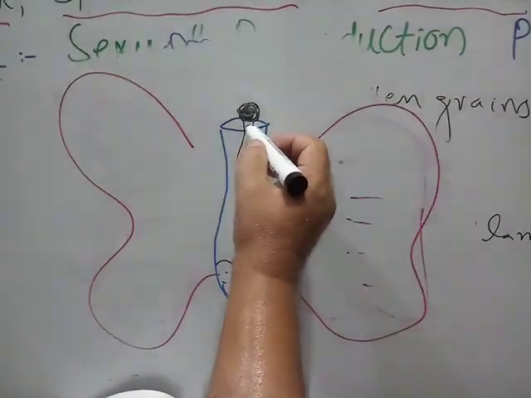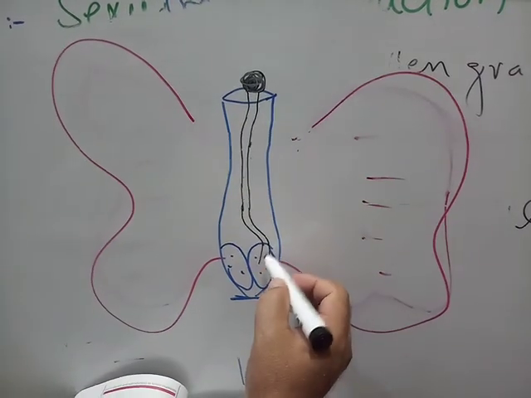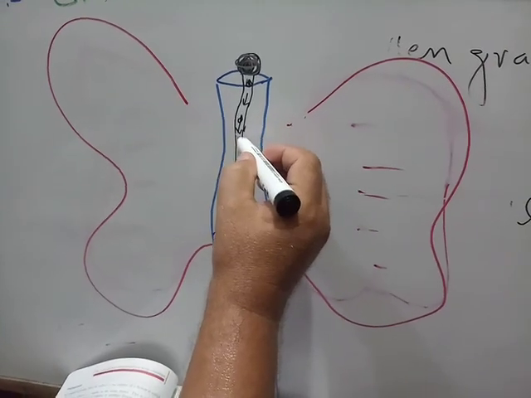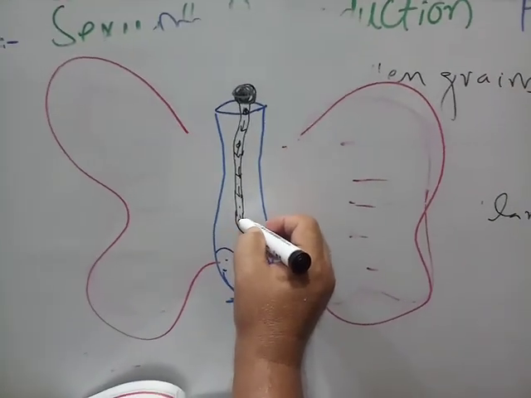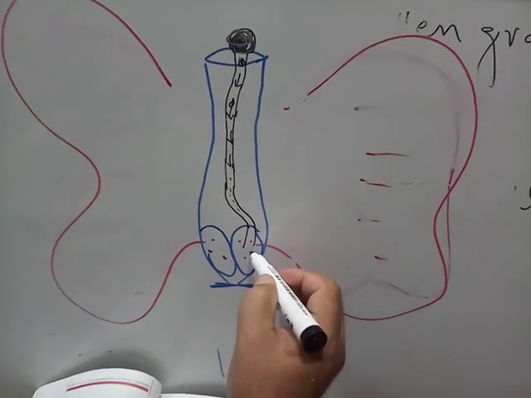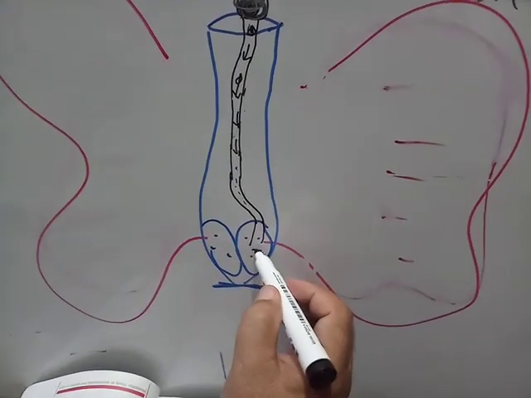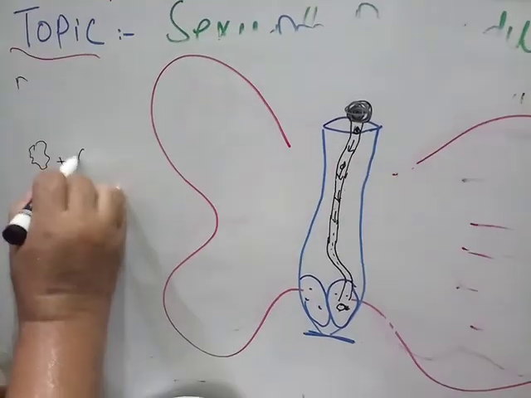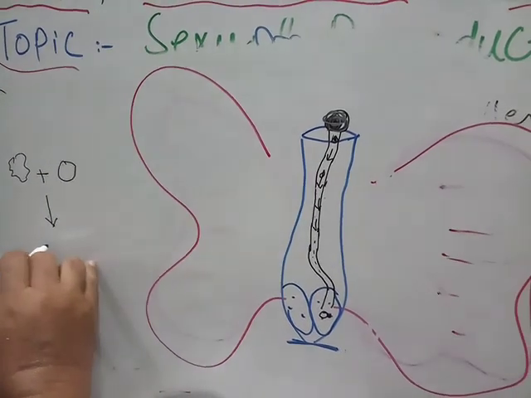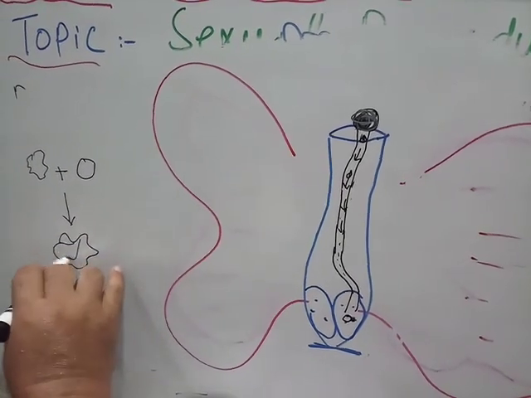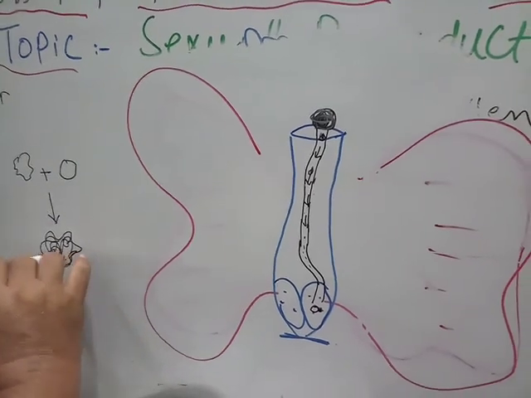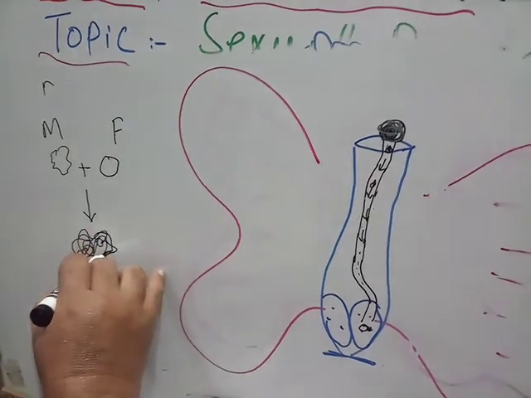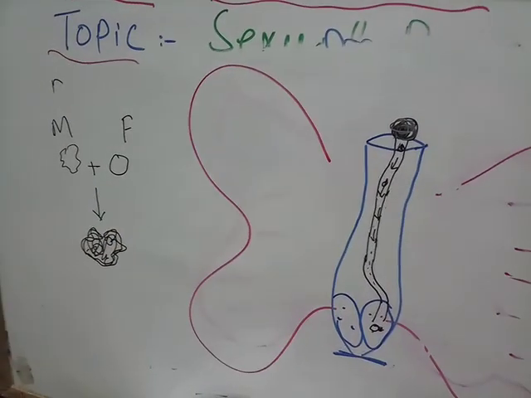Through this pollen tube, the pollen grain comes down and ultimately reaches the egg cell. So this is the pollen grain and this is the egg cell. These two combine to form a zygote. This is the male gamete and this is the female gamete, and the combination of these two forms the zygote. This process is called fertilization.